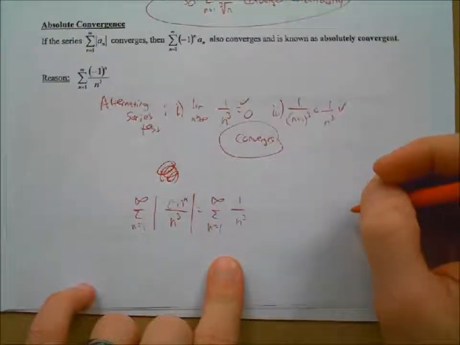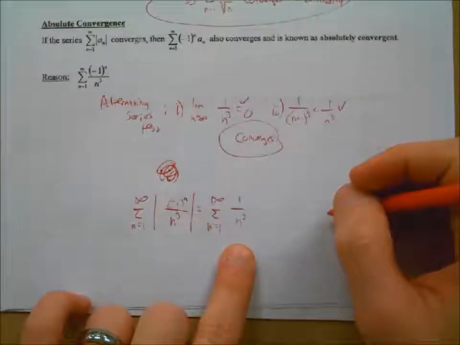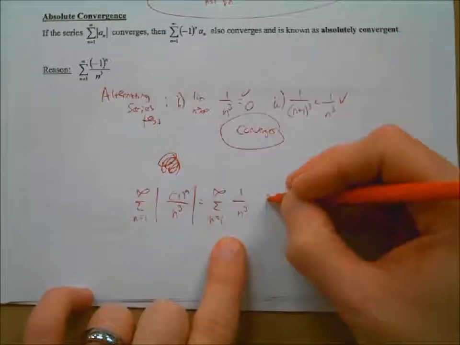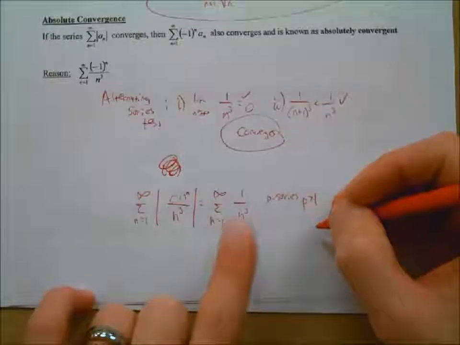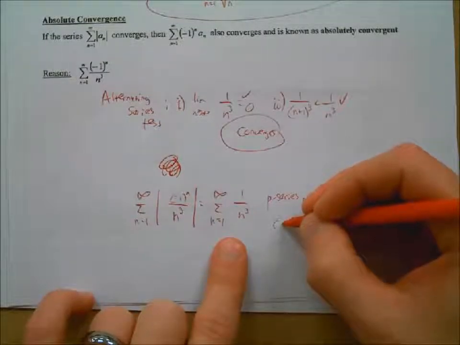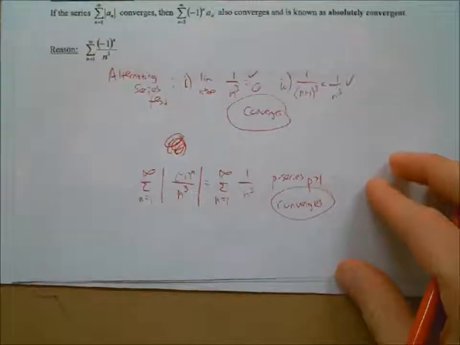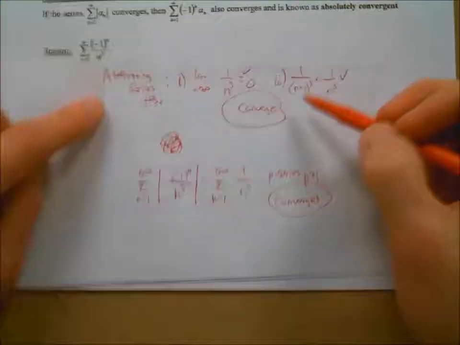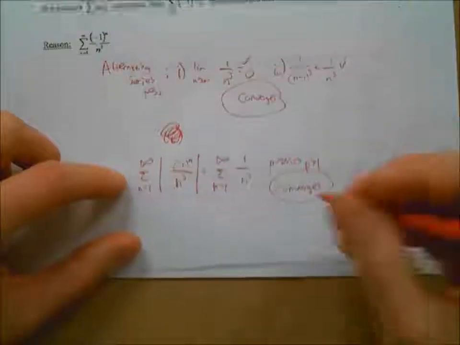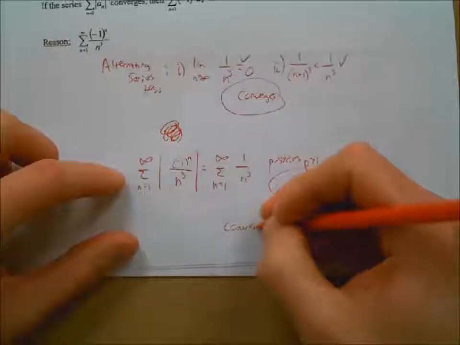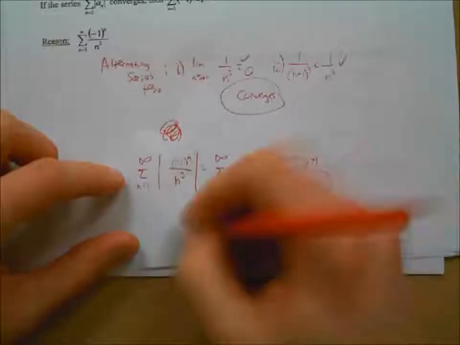How can we test for its convergence or divergence? It's a p-series. P is now greater than 1, so that means this thing converges. Since the alternating series converges and the non-alternating series converges, this converges absolutely.